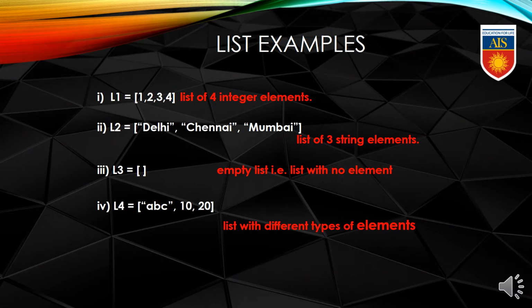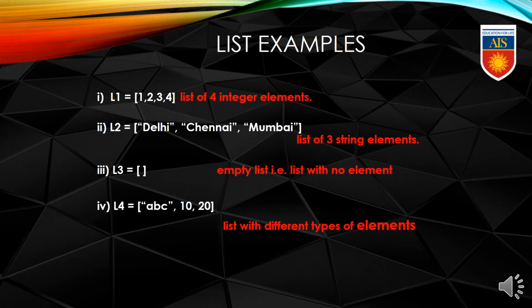List example: L1 equal 1 2 3 4. So this is a list of 4 integer elements. With the help of this syntax we can assign or declare any list as per our requirement. Second example: Delhi, Chennai, Mumbai. With this statement, the user can declare a list of strings.